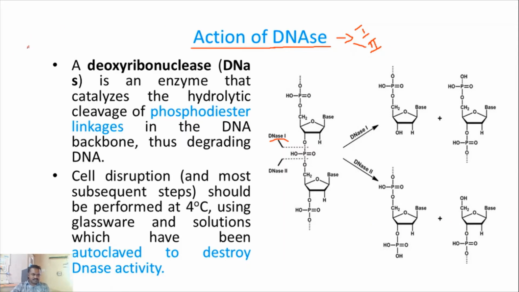So during the isolation of genomic DNA, we are going to inactivate the deoxyribonuclease, or DNase. Without inactivation of DNase, this enzyme will catalyze our genomic DNA, hydrolyzing the phosphodiester bond and finally breaking it down into small fragments of DNA.